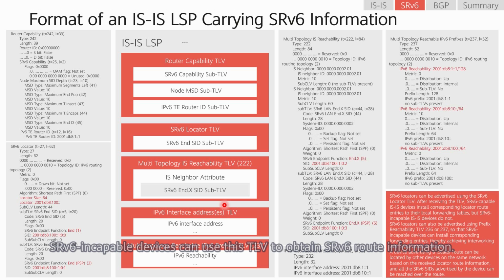In this case, SRv6 incapable devices can use this TLV to obtain SRv6 route information. Huawei devices use this TLV to obtain locator route information regardless of whether SRv6 is supported. Because this TLV does not carry algorithm information, Huawei devices use the SRv6 locator TLV to obtain locator route information in Flex-Algo scenarios.